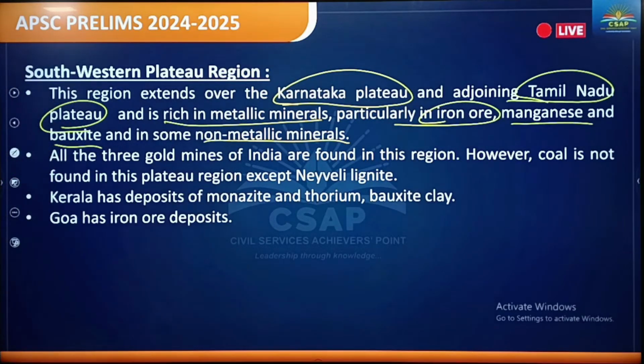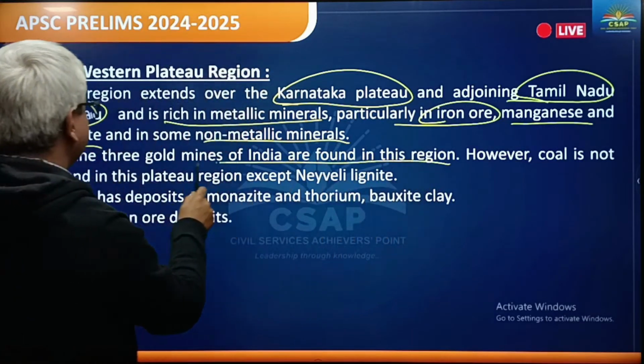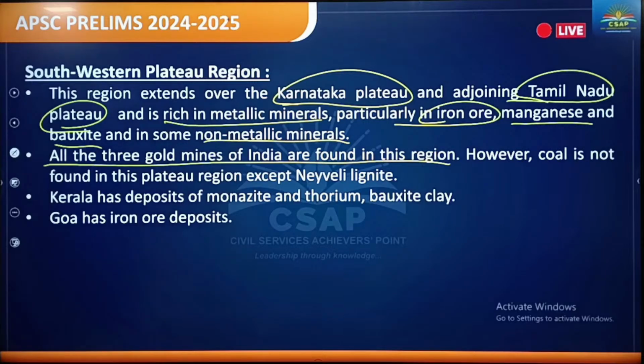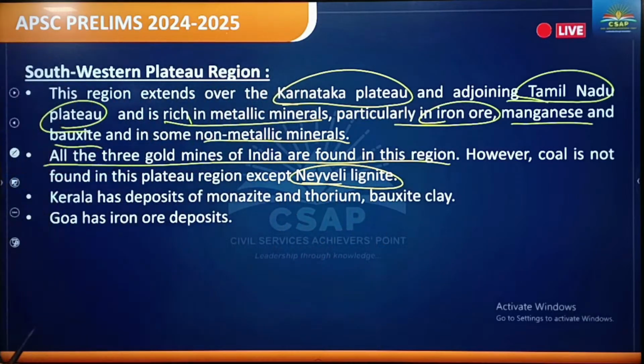So all three gold mines of India are found in this region. Fine. However, coal is not found in this plateau except the Neyveli lignite mines in Tamil Nadu. Kerala has deposits of monazite.